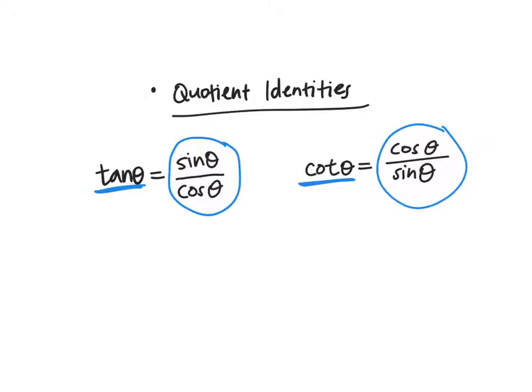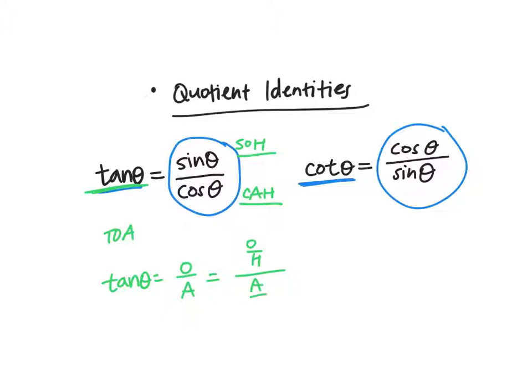To show you why this works, let's take a look at tangent theta. Remember, we have TOA, and we have sine, which is SO, and cosine, which is CA, for SOHCAHTOA. So tangent theta is equal to opposite over adjacent. And that is equal to sine, which is opposite over hypotenuse, over cosine, which is adjacent over hypotenuse.